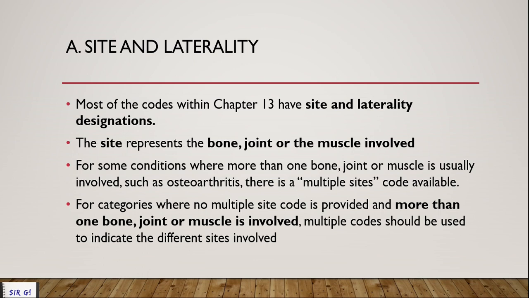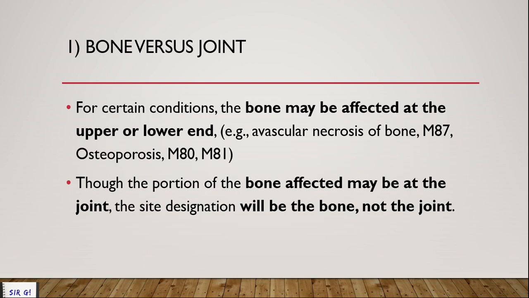Meaning you need to code them all, because there is a specific code per site. Now the question is, what should be the first listed code? It depends, because there is no guideline about the first listed, but you need to code them all. Okay, that is the first guideline.